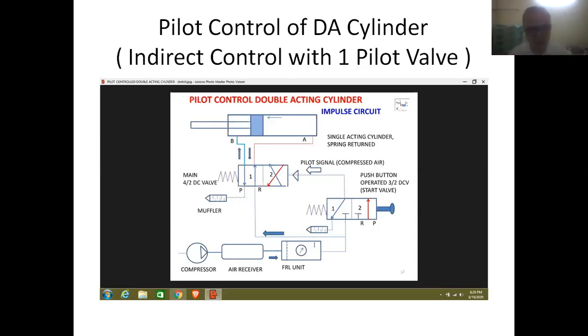So we have two methods: the first is called direct control of the cylinder, and the second is referred to as indirect control of cylinders. So friends, this is about the construction and working of this particular arrangement.